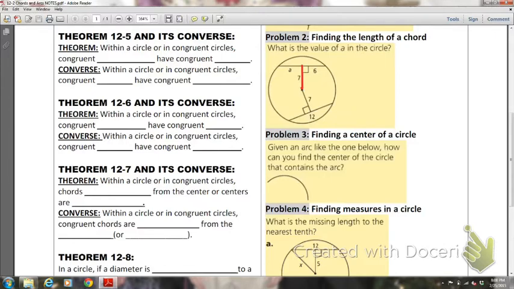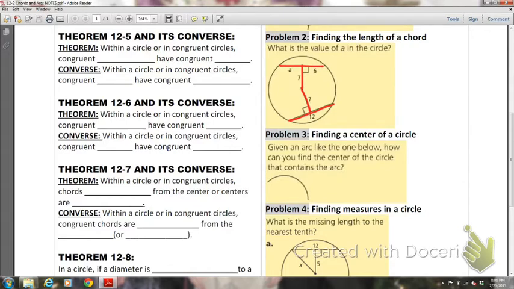And you also have another segment of another diameter that's a length of 7. So you know that those two are equidistant. So these two chords are equidistant from the center.